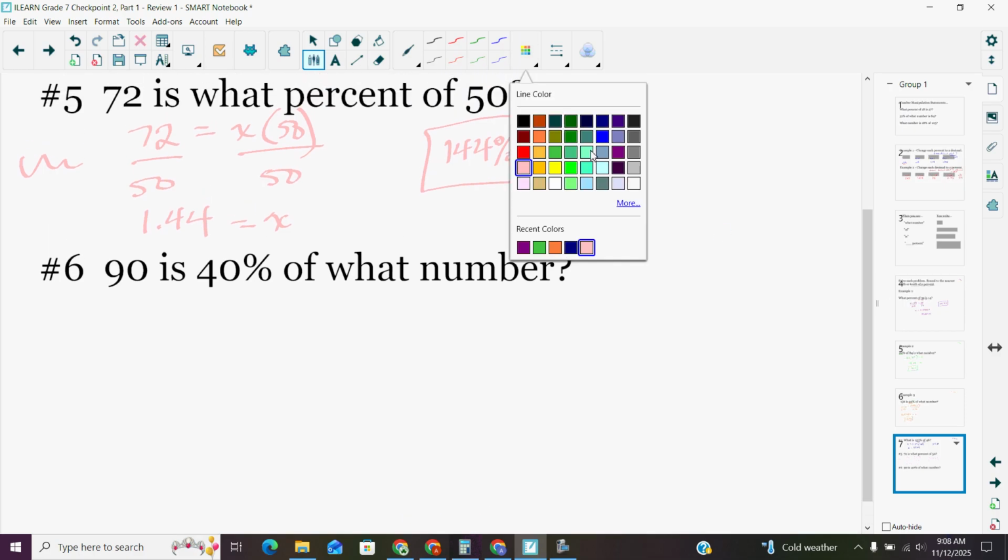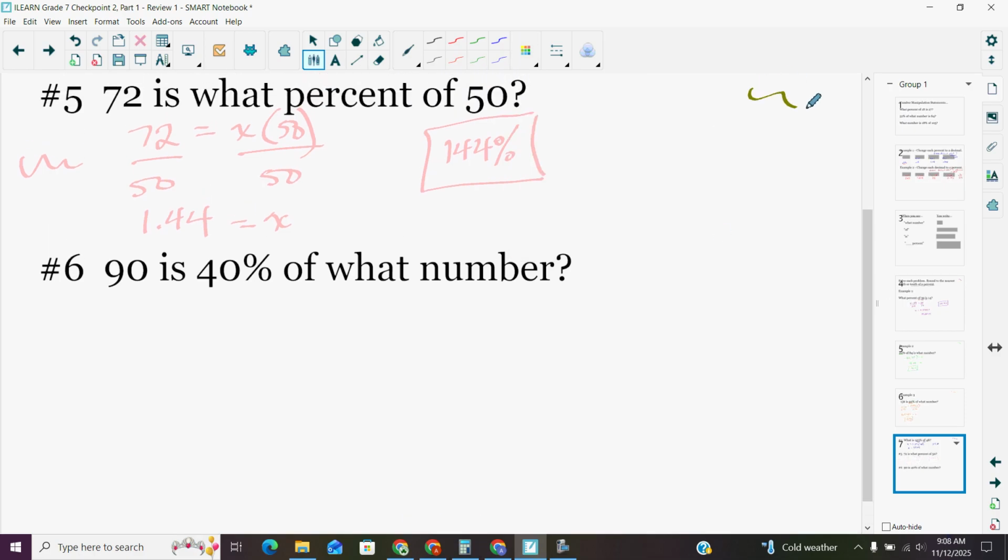Question number 6. 90 is 40% of what number? 90 equals 40%, as a decimal is 0.40 or just 0.4. Of means times what number, I put in x.